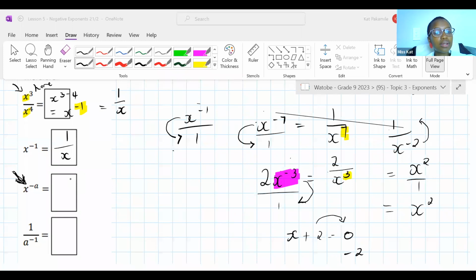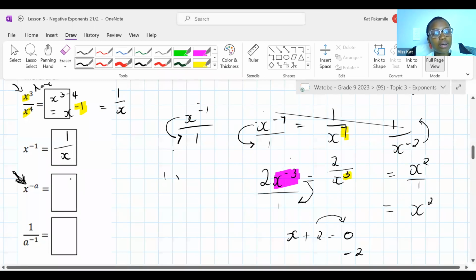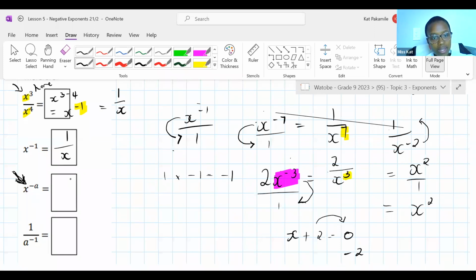I took the x, I turned it into a 1, and then I said 1 times -1, and then it gave -1. Is that right? I'm not sure. Are you doing the one with the a? Yes. I just changed the a into a 1. I also changed the x into a 1.